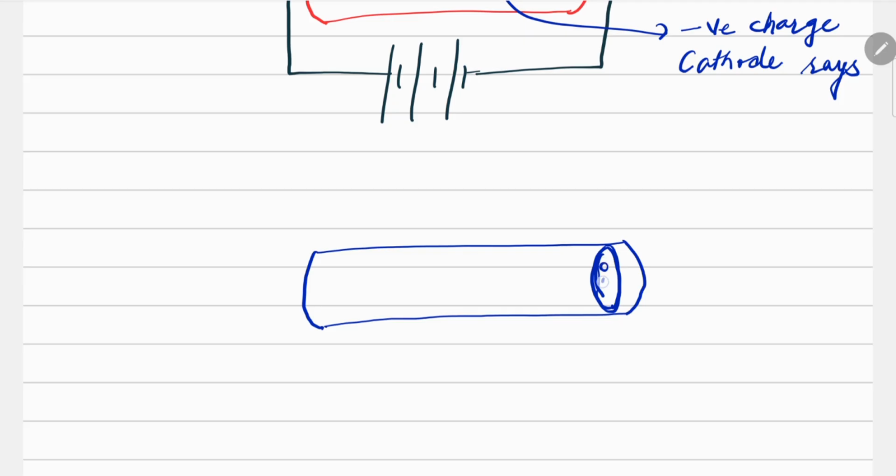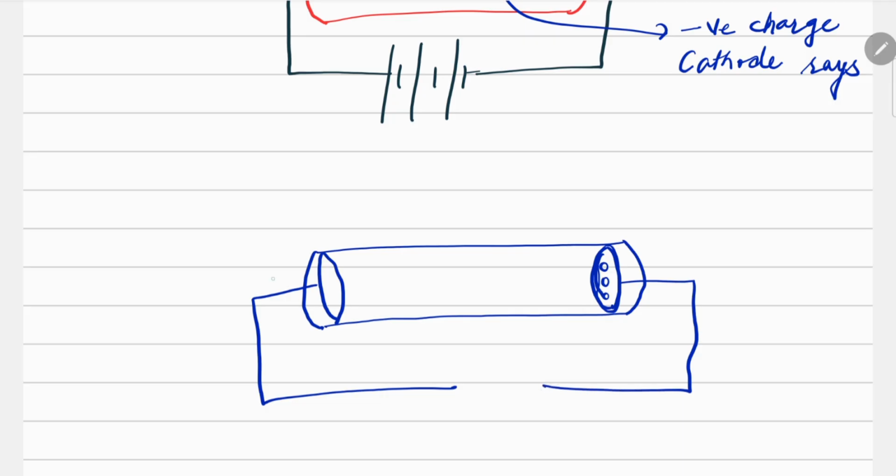Perforated means it had a few holes in it, whereas the other plate was without holes. The plate without holes was the cathode, negatively charged, and the plate with holes was the anode, which was positively charged.